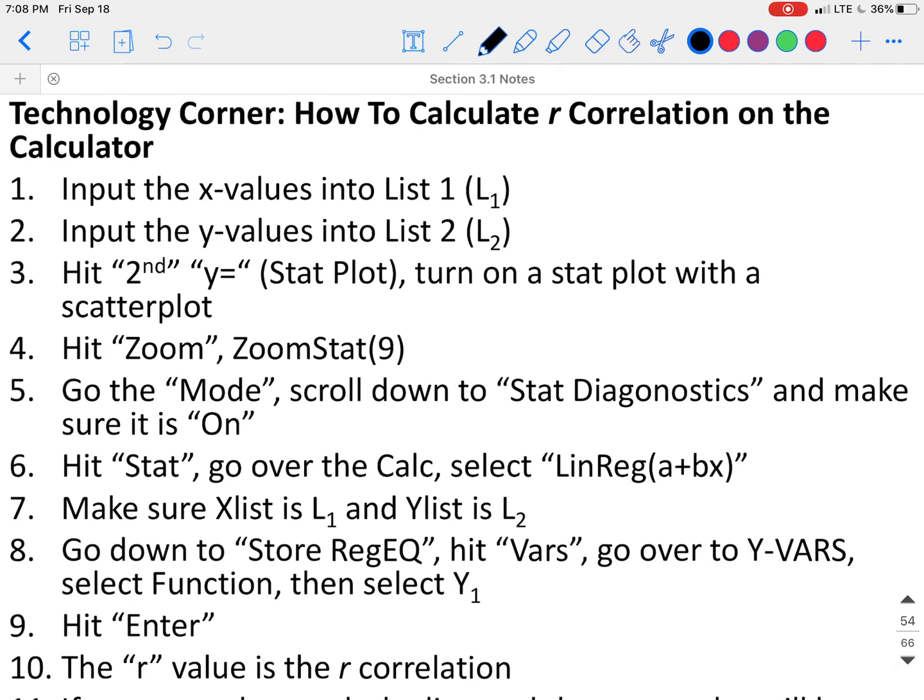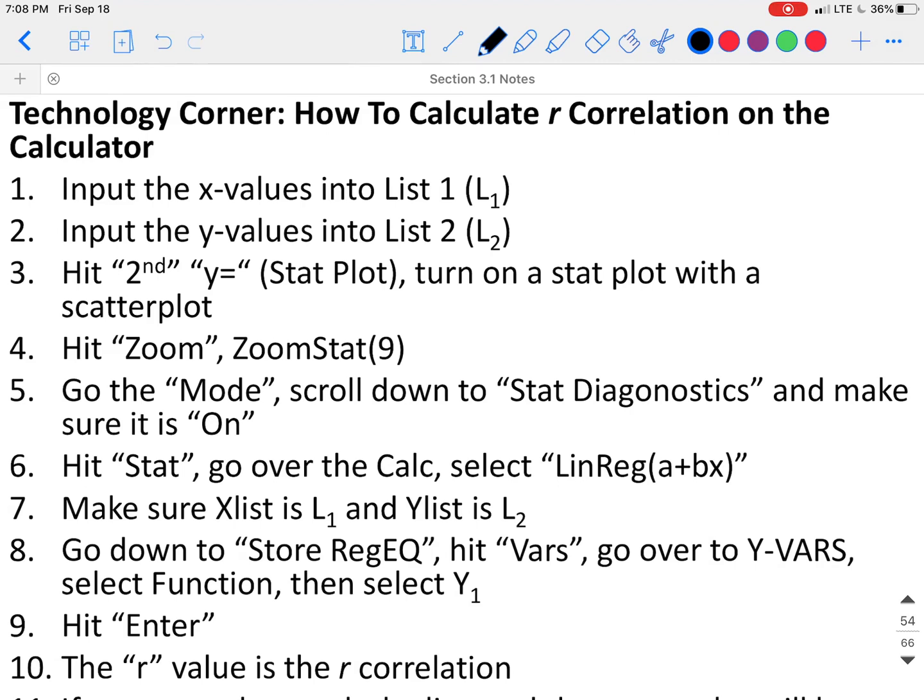Then you're going to hit Stat, go over to Calculate, and select Linear Regression A plus BX. Make sure that your X list is L1 and your Y list is L2. You can go down to Store Reg Equation. If you hit Vars, go over to Y Vars, select Function, and then select Y1.